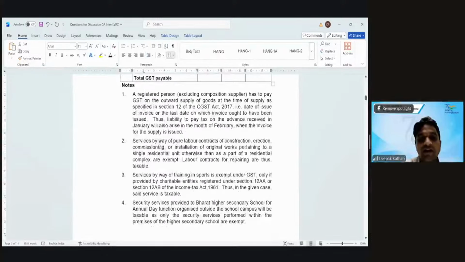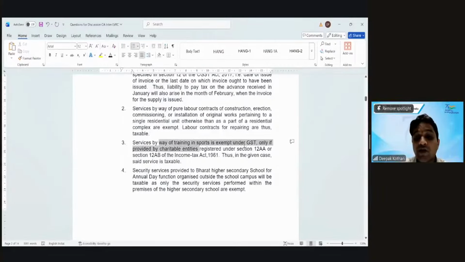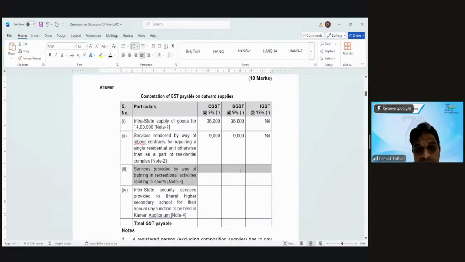Services provided by way of training in recreational activities relating to sports. I've given a note 3. Services by way of training in sports are exempt under GST only if the provider is a charitable entity registered under section 12AA or 12AB. But in this case, they have not said whether it is a charitable organization. So in the given case, it is a taxable supply.